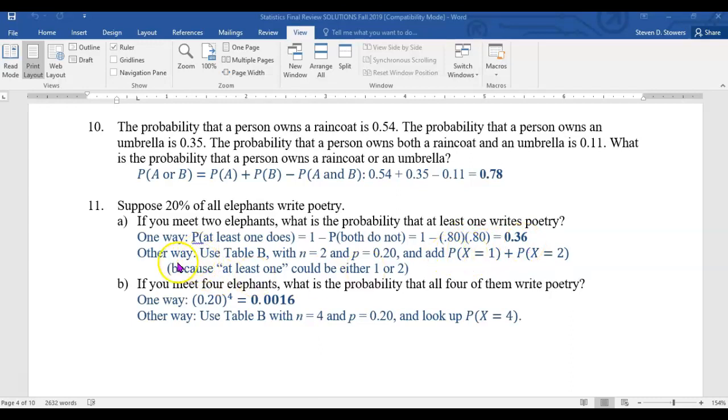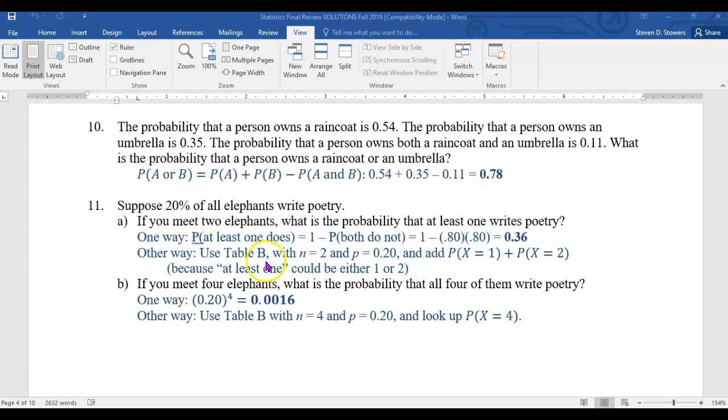Another way we could figure this out is to think of it as a binomial probability situation. N would be 2, we've got two elephants. P would be 0.20, there's a 20% or 0.20 probability for each one that that elephant does write poetry. And we want the probability that out of those two elephants, at least one, maybe just one, maybe both, write poetry.